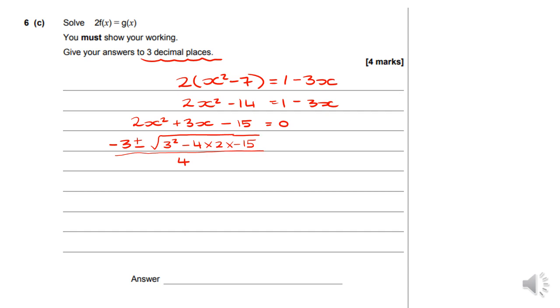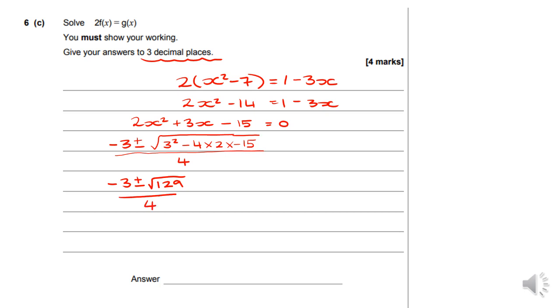Here, I like to work out a little bit at a time, really. So I'm going to say it's minus 3 plus or minus, and then if you work out the bit in your square root, you've got 3 squared, which is 9, and then you've got minus 4 times 2 times minus 15, which is 129. So you've got the square root of 129, and that's all divided by 4.